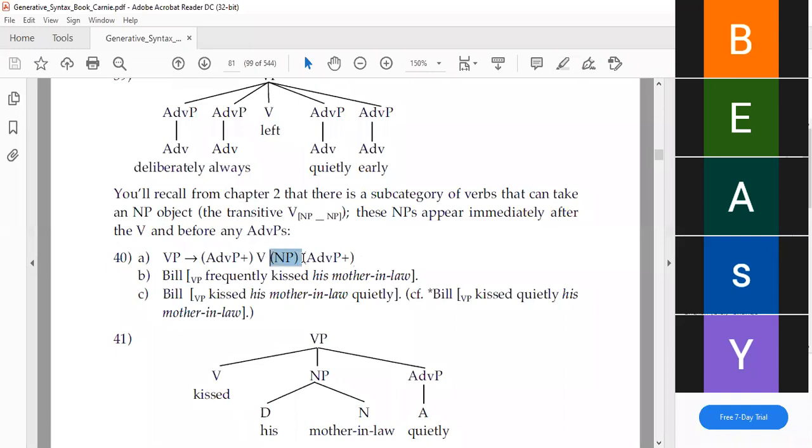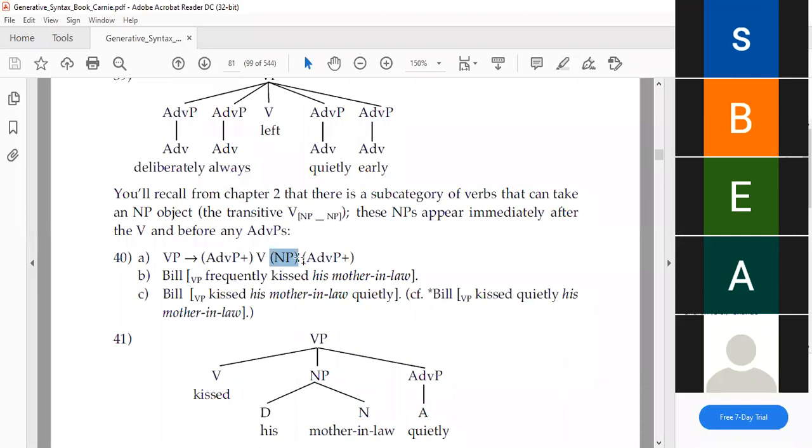Why do we have an optional NP, not an obligatory NP? Because this rule is general, and verbs can be divided into verbs that require an NP and verbs that do not.